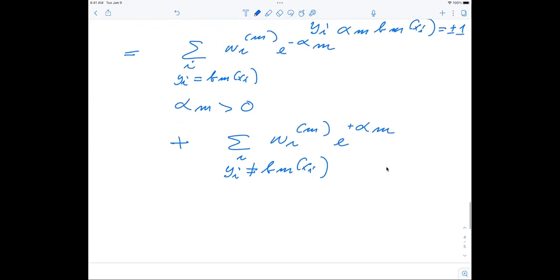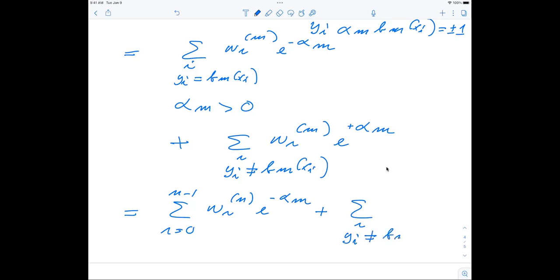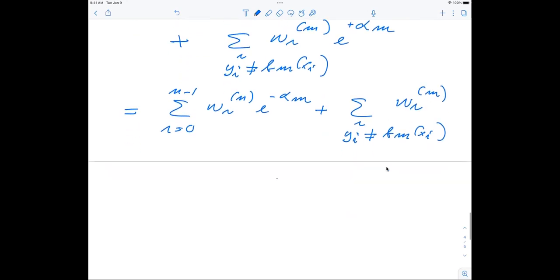You can always rewrite this in terms of a sum which runs over i equals 0 to n minus 1, and you have a y of i, so I'm just adding e to the minus alpha n and subtracting e to the minus alpha n, and this would contain a new term where we have a sum, but where y of i is by definition equal to b n of x of i. And then we have the w i of n, and this last term is multiplied with e to the alpha m minus e to the minus alpha m.